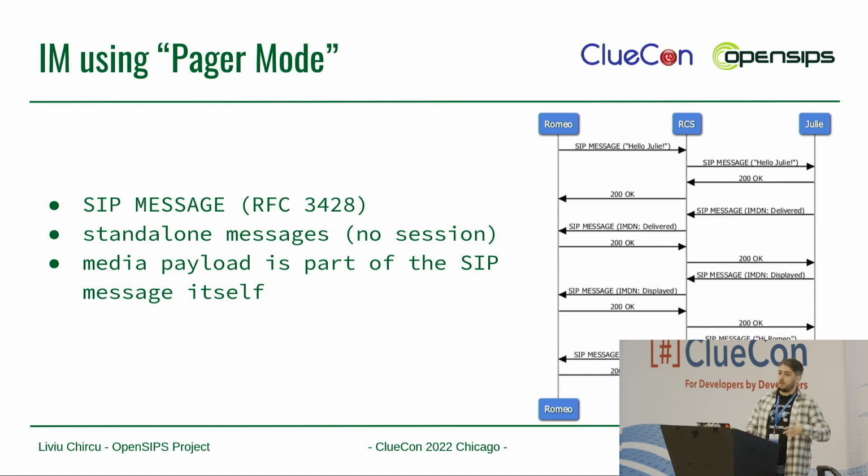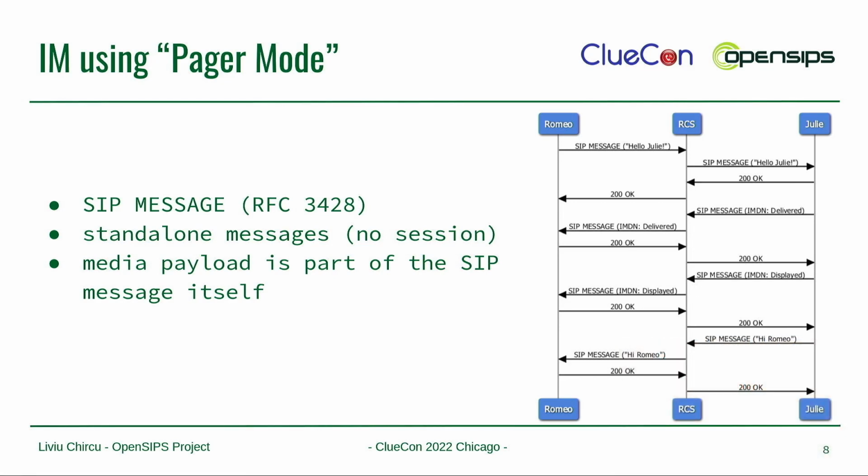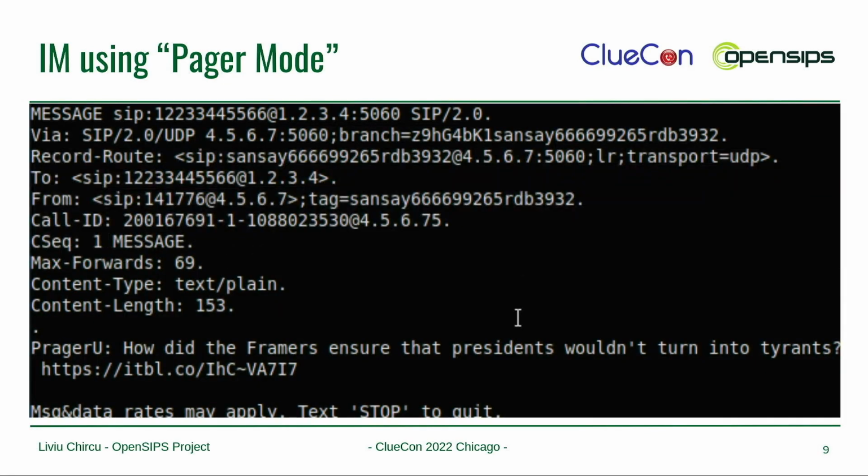So first with instant messaging, as I was saying, we had, sorry for the pops, the pager mode support since forever. This is maybe early 2000s since this RFC was written. It's standalone messages, just like SMS, with no state in between. That's how a message like that would look.